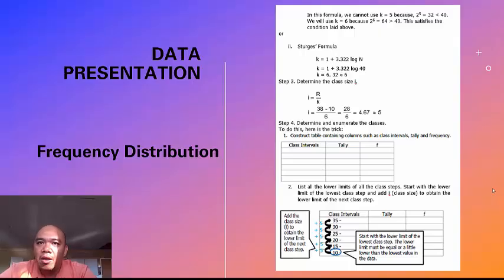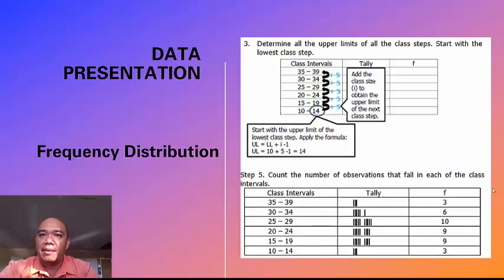Start with the lower limit of the lowest class step and add i to obtain the lower limit of the next class step. And then determine the upper limits of all the class steps. Start with the lowest class step. So we have here 14, then add i going upward. So 14 plus 5, that is 19, plus 5, that is 24, and so forth and so on.